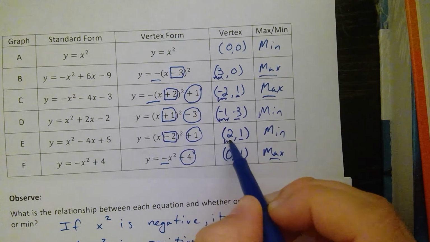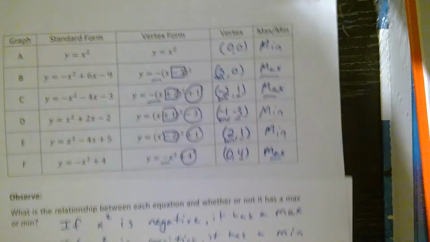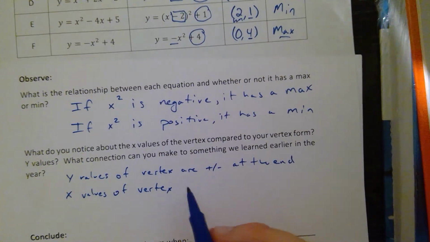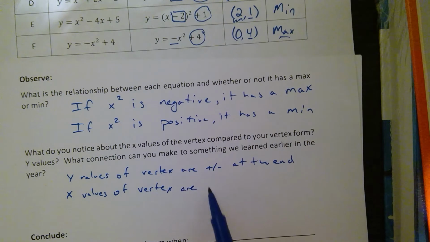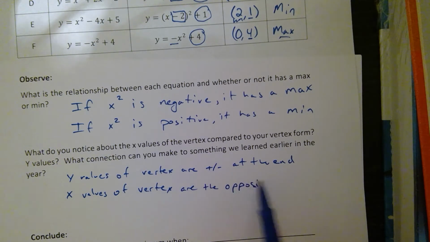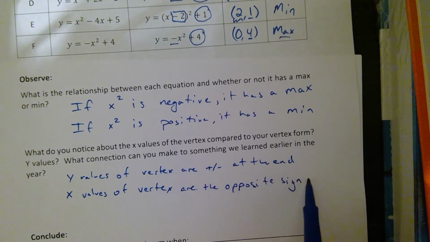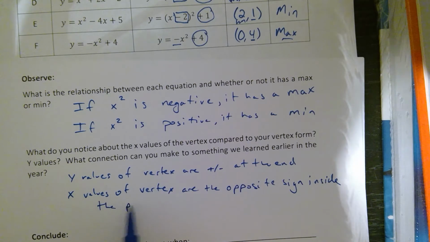Negative 2, positive 2. Nothing, nothing. So the x values of the vertex are the opposite sign inside the parentheses.